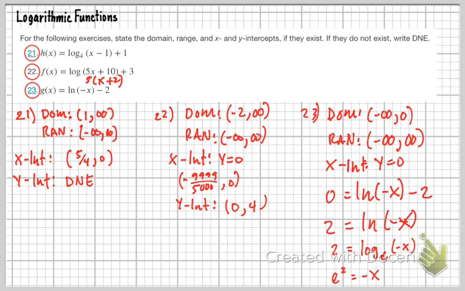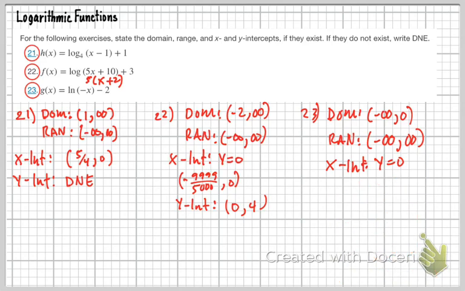All I'm doing is using that property, but I just got it written the other way, so hopefully it's not too confusing for you. If it is, write it the other way, if that helps. But that's just using that equivalent property again. So my x equals negative e squared. So for my answer, I get negative e squared, comma 0.